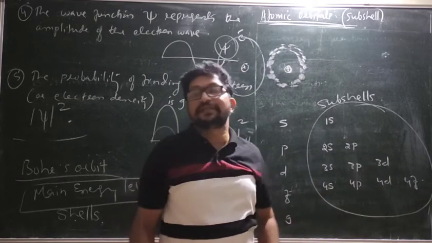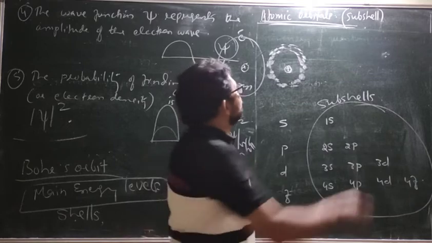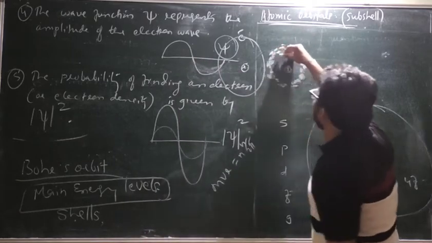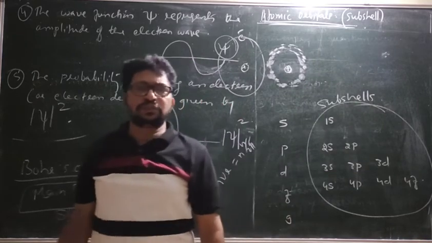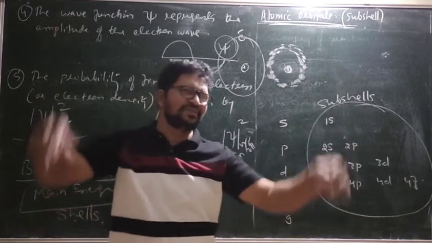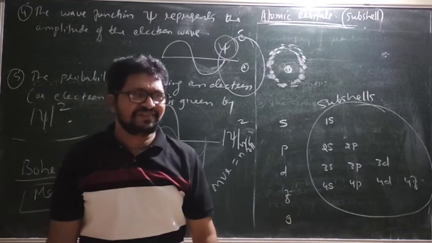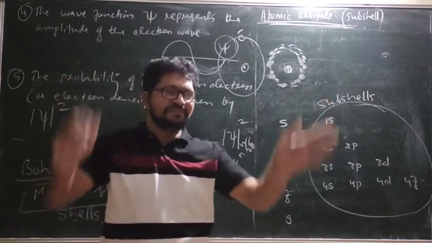Then what about the remaining? It would have gone somewhere, it would have come near the nucleus, almost touched the nucleus. That is the remaining 15%.